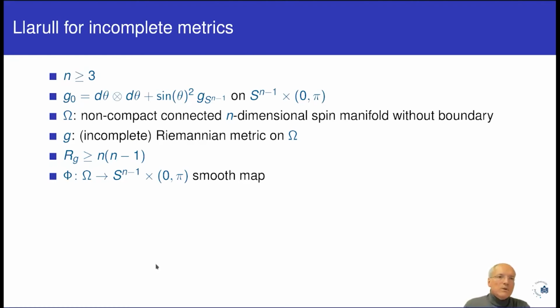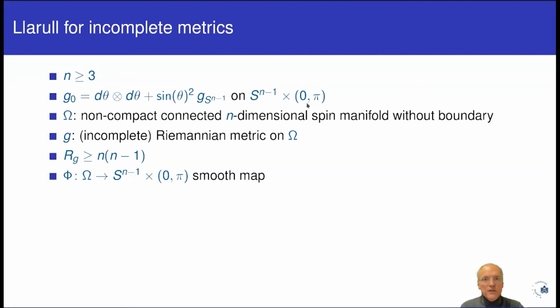And the other one, and that will be the last result I want to explain, is a Llarull type theorem for incomplete metrics. So again, we are in dimension 3 at least. Now we look at a non-compact manifold. So in this case, it's just the sine function. So we are looking at a part of the sphere here.